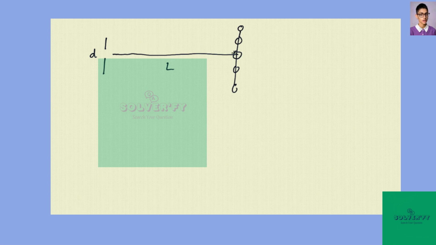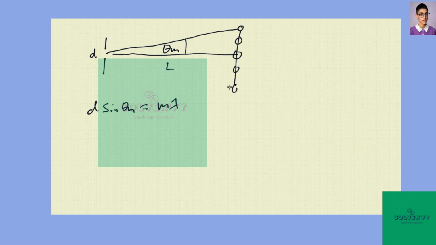And the equation governing the position of the bright spots, this is the mth bright spot, is given by d sine theta_m equals m times the wavelength lambda. And what does that actually mean? You have to think about why this happens.